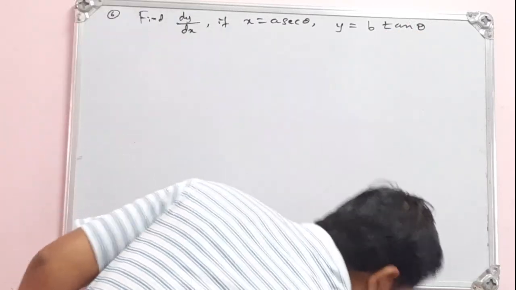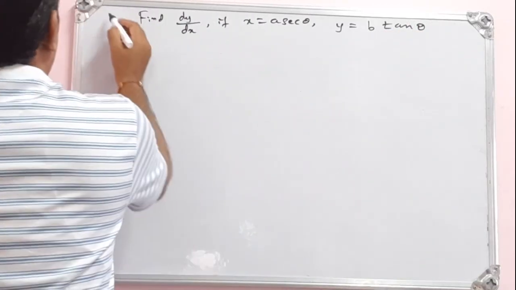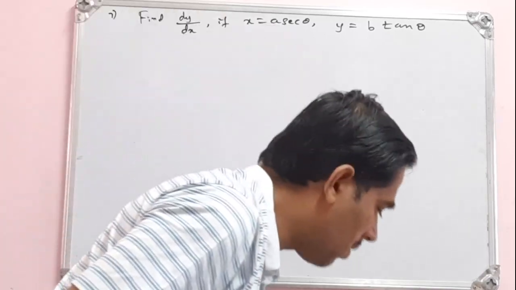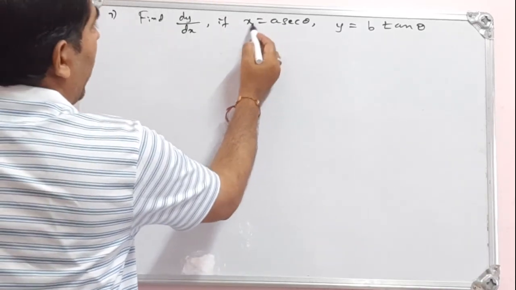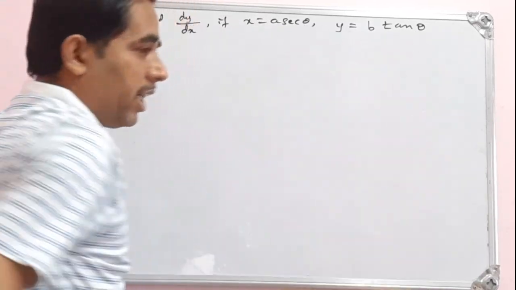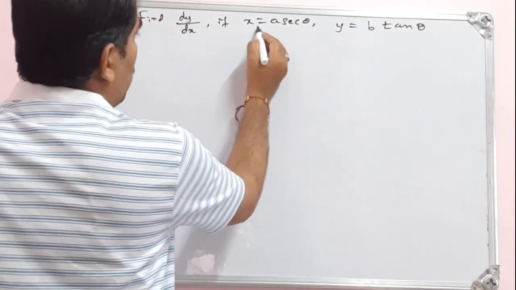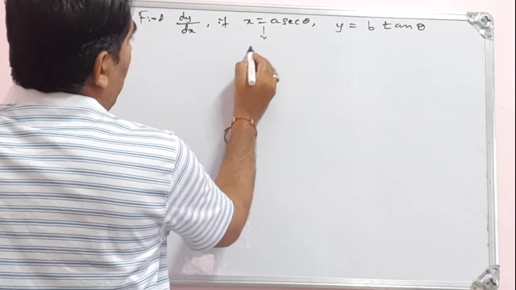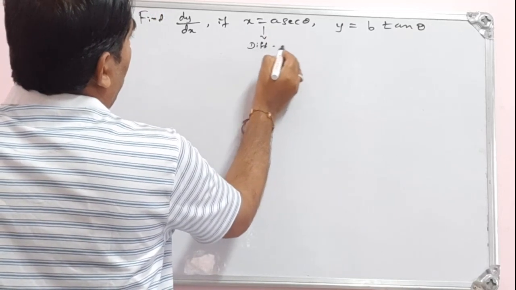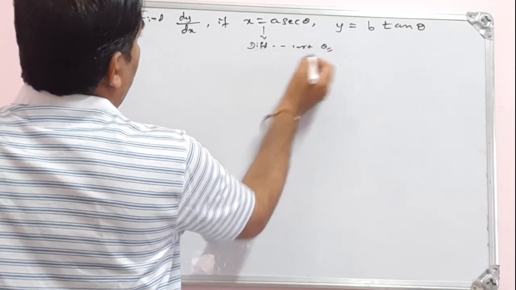You can take this as the next problem. X and y are both expressed in terms of theta. Once again they are parametric functions. So you differentiate with respect to theta.